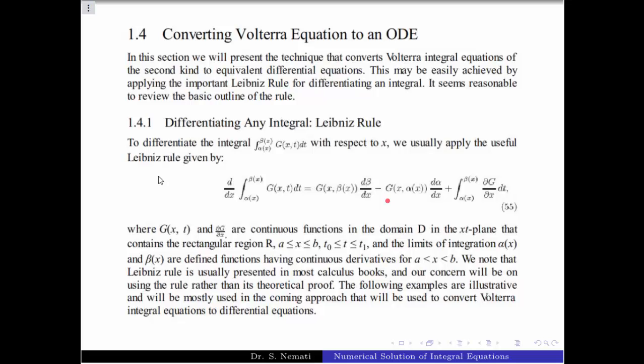In the integral part, one of the most important formulas is the Leibniz rule, and you can see it in many books about calculus. The proof is given in many books. You can search on the internet for the proof of the Leibniz rule and you can check the procedure.